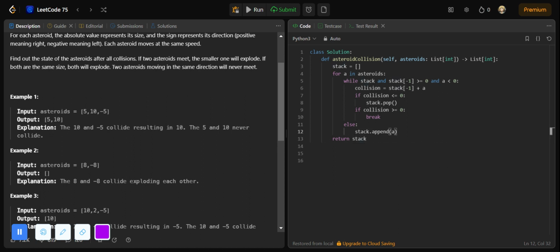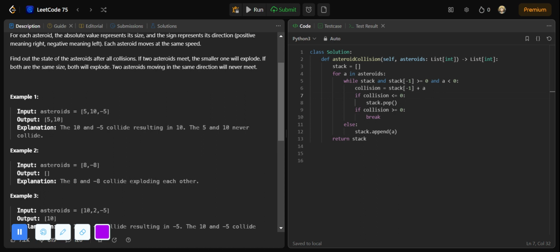The reason this works is that the top of the stack has a positive sign, and if its magnitude is less than the one we're seeing, the collision is less than or equal to zero.